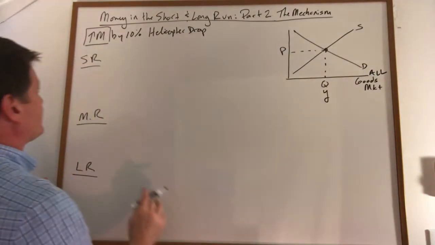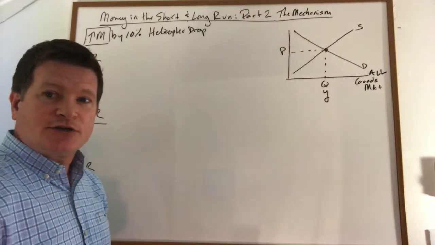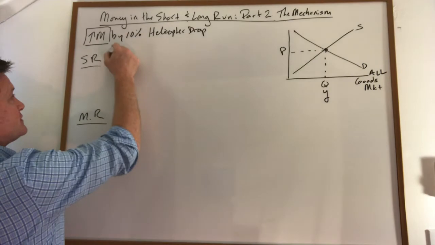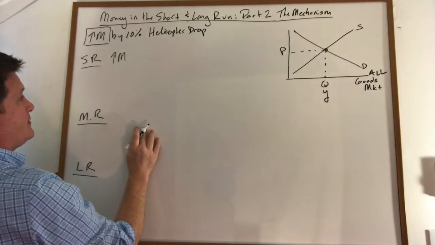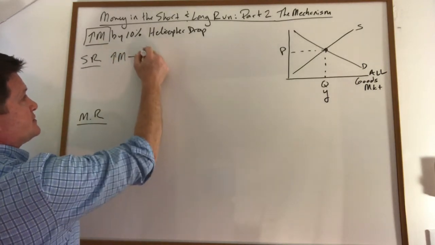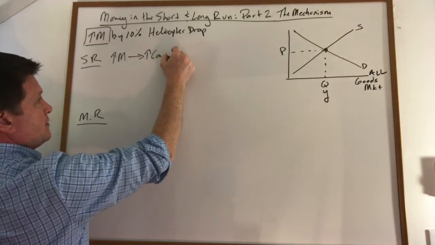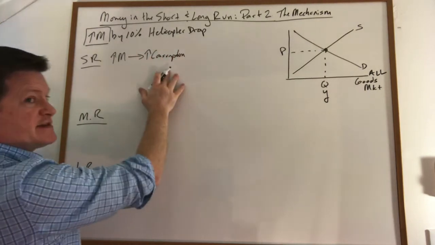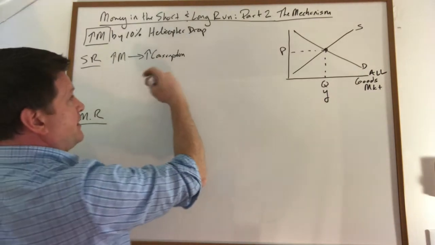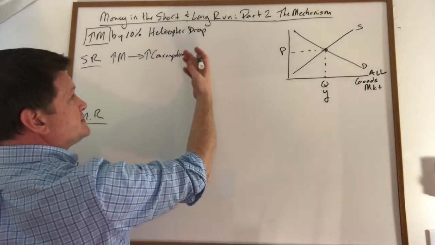So let's walk through the process. The first thing that happens is each consumer feels like they've got more money in their pocket. So each of them goes out to increase consumption. They probably save some of the money too, but we'll ignore that for now. But they go out and spend it.